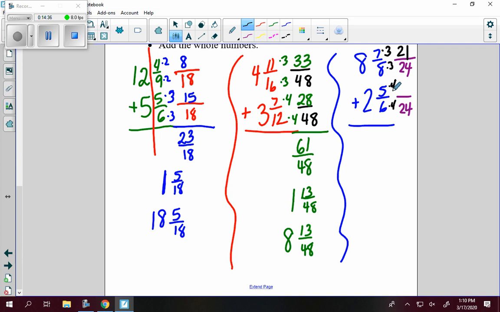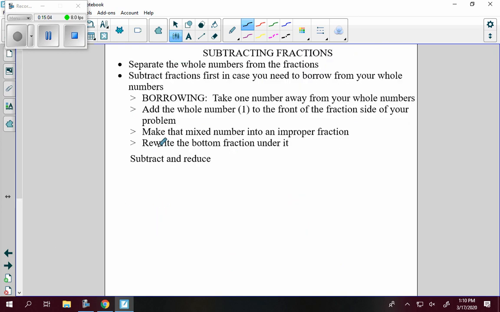Times 4 to get 20. 21 and 20 is 41 over 24. 24 goes into 41 one time with a remainder of 17. And I can add 8 plus 2 plus 1 and get 11 and 17 over 24. What? That is awesome! All right, let's go to subtracting fractions.